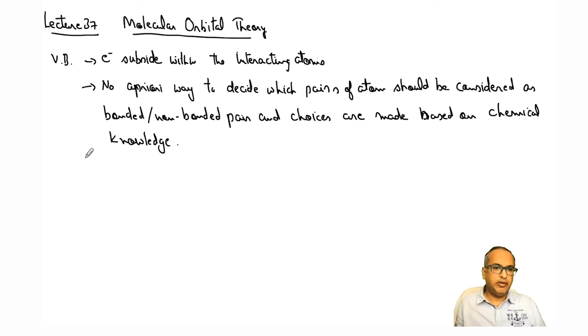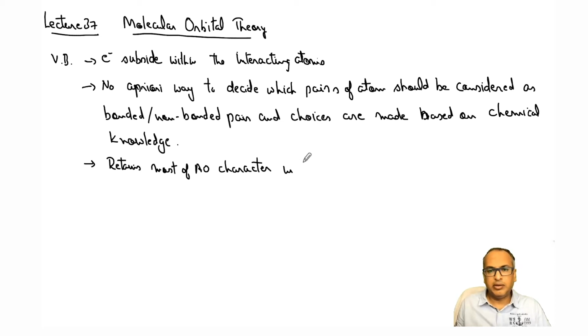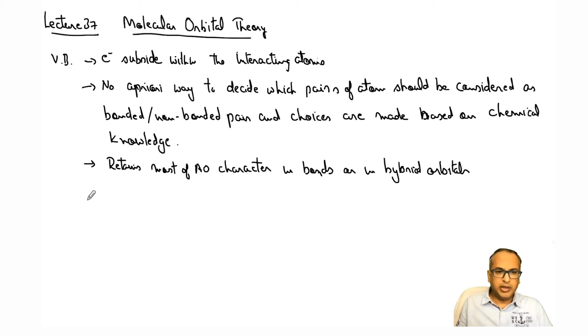Also, if you see, it retains most of the atomic orbital character in bonds, or we can say in hybrid orbitals, because hybrid orbitals are going to form bonds. And also, how do we set up the Schrodinger equation in this?